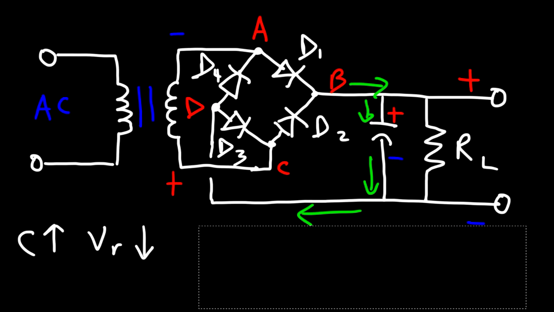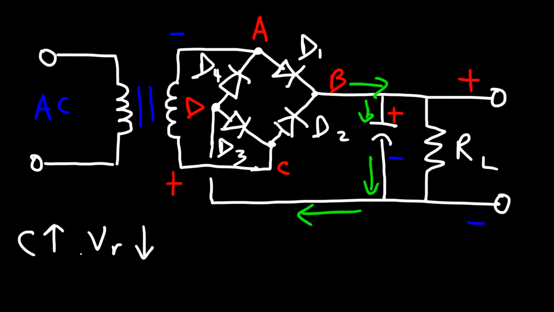Now, if you don't have access to such diodes, what you could do is use a series current limiting resistor. So let me redraw this portion of the circuit.